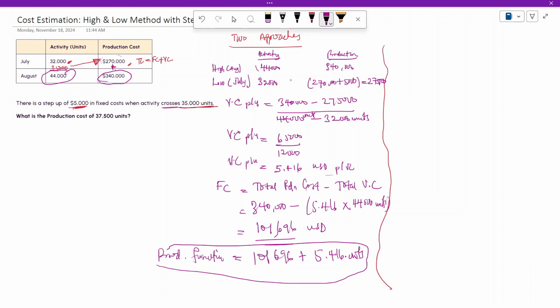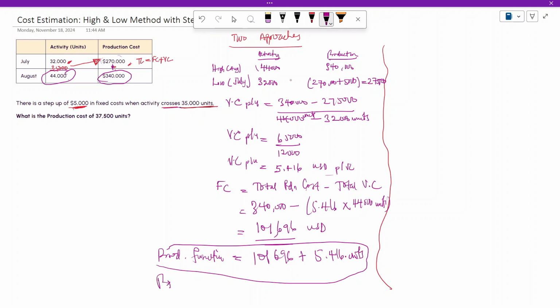So we can use that to estimate. It says that there is a step up of $5,000 in fixed cost when activity crosses 35,000 units. What is the production cost of 37,500?